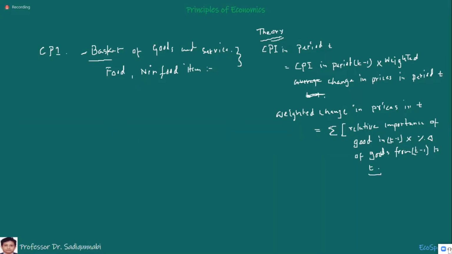So let me draw a table for that. The first column is category in the basket of goods and services. The first one is food, or food and beverage. Second item is housing.